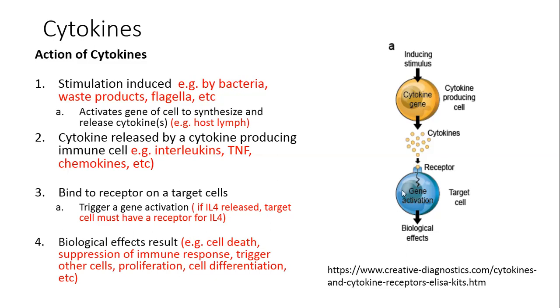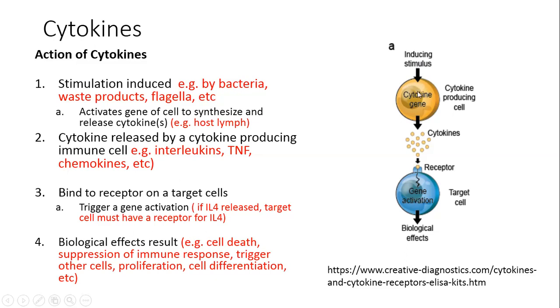So again, the stimulation was induced, and we say, for example, that could be a bacteria that will trigger an immune response. And again, maybe it's bacterial waste products or the presence of a flagella. All sorts of things can trigger and act as a stimulus.